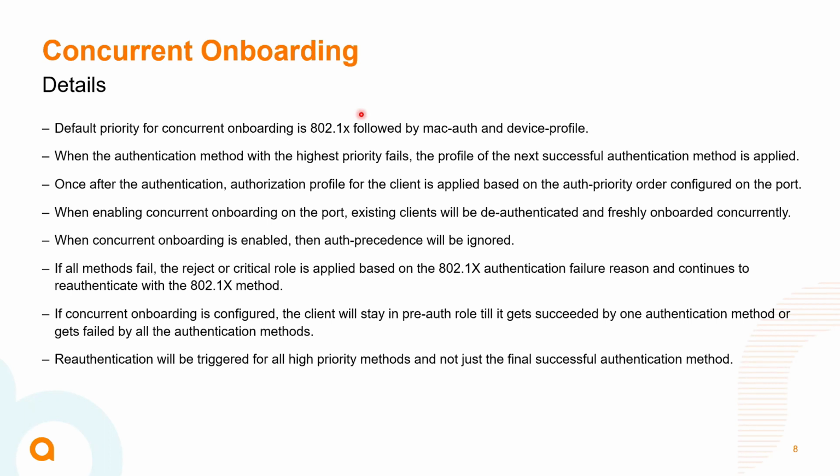Let us consider the authentication method with the highest priority fails; the profile of the next successful authentication method will be applied. That means if the default priority is not changed, the first preferred method for that client is always .1x. If that .1x profile fails, then for the same client, it will apply the MAC auth profile. Okay.